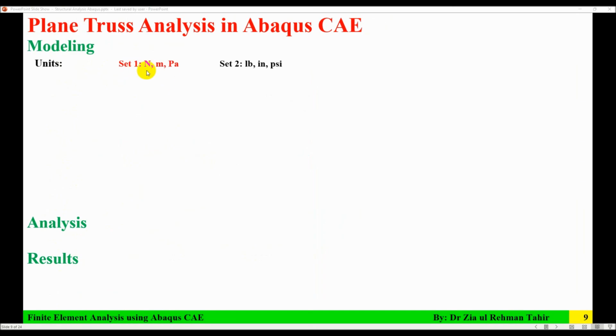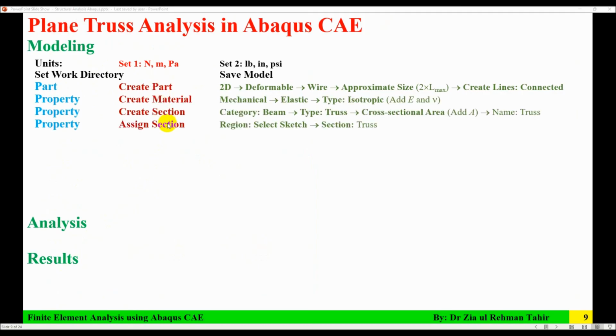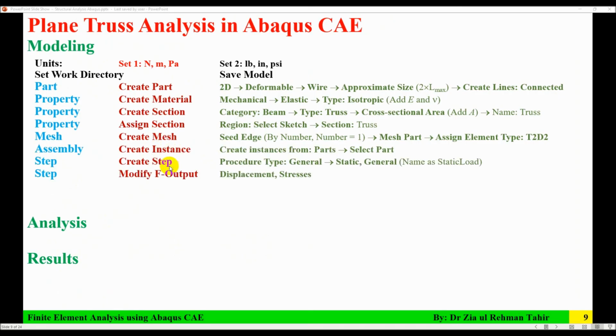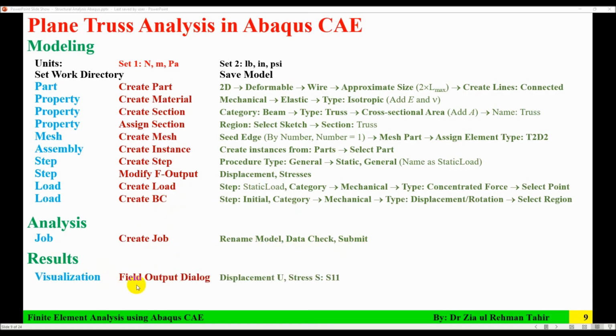So need to first set unit, set work directory, save model, then create part, create material, create section, assign section, create mesh, create instance, create step, modify field output, or sometimes you can create field output, then create load, create boundary condition, and then create job, rename the model, data check and submit, and then visualization using field output dialog, so you can visualize the results.